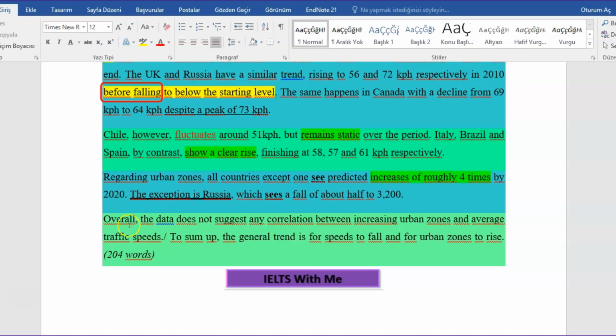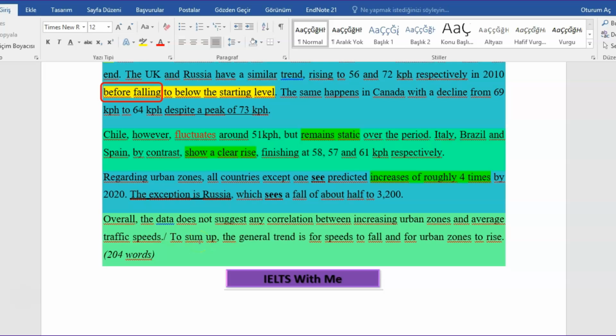And in conclusion, to sum up, to recapitulate, all in all, the data does not suggest any correlation between increasing urban zones and average traffic speed. Or we can say, to sum up, the general trend is for speeds to fall and for urban zones to rise, okay?